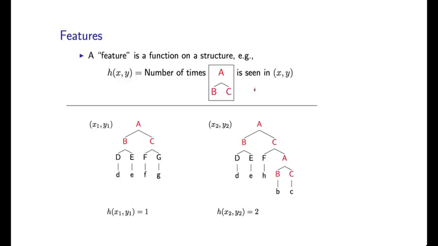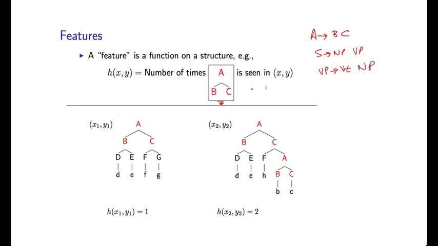In general, we'll construct a feature vector by defining a number of individual features. So each feature is going to be some function that takes an entire structure as input and returns some real value as its output. A very common type of feature will be a feature which counts some kind of substructure within the structure we're looking at. So for the parsing case, for example, it would be very natural to define a feature which counts the number of times a particular rule, say A goes to BC, or S goes to NP VP, or VP goes to Vt NP.